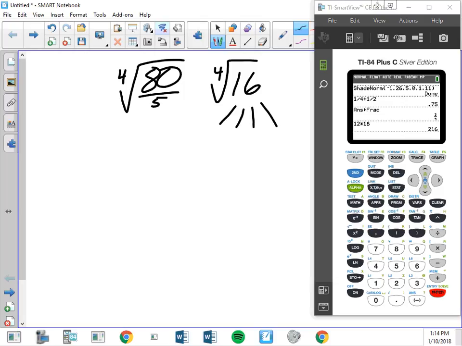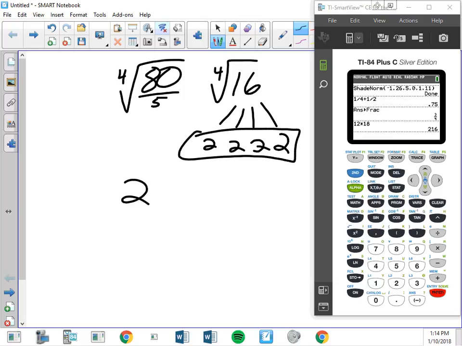What is 16 made up of? 4 2's. If you're adding, it's 4 4's, but if you're multiplying, it's 4 2's. Can I bring anything out? One set of 2's, what's left? No, I took them all out. So I bring all of these to the front, and they're represented by a single 2, and nothing is left over, so the answer is just 2.